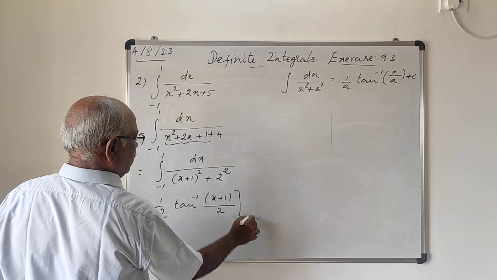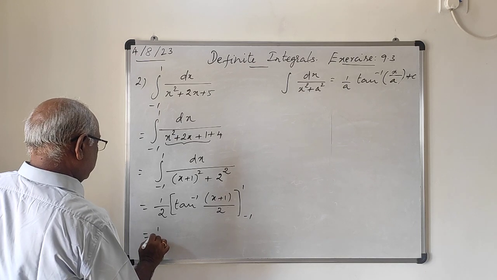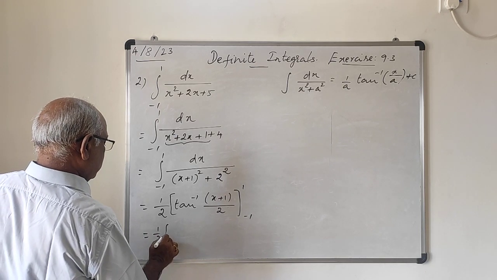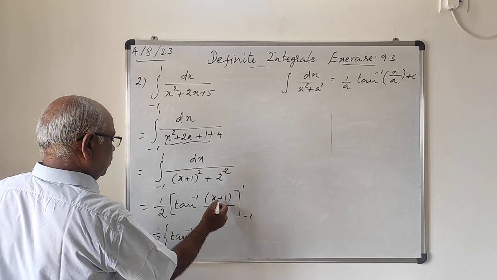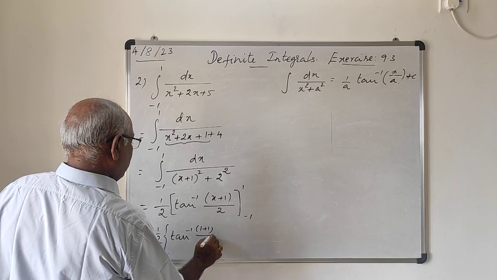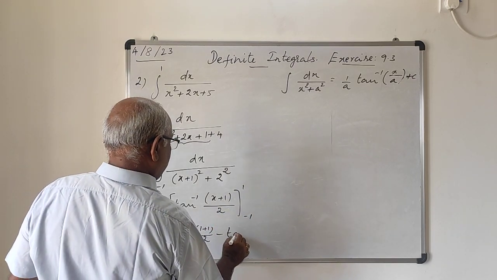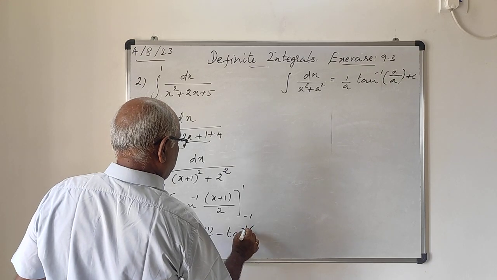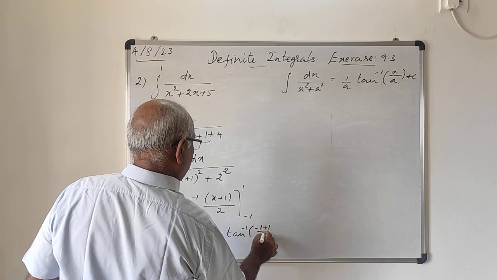That is from -1 to +1. So first apply the upper limit: 1 by 2 into tan inverse of (1 plus 1) by 2, minus the lower limit tan inverse of (-1 plus 1) by 2.